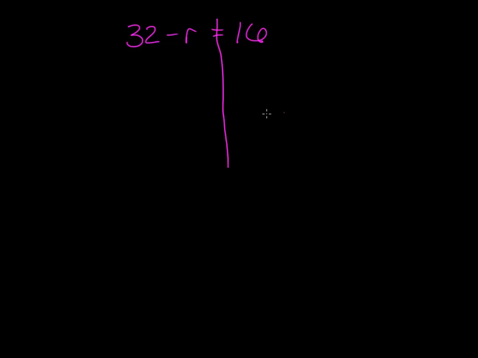Draw my line, find my variable. What variable do we have in this? We've got an r. In this case, it's going to be a negative r. We have a positive 32 over here. If you need to draw a positive, that's fine. Positive 32. In order to begin solving this, subtract 32.